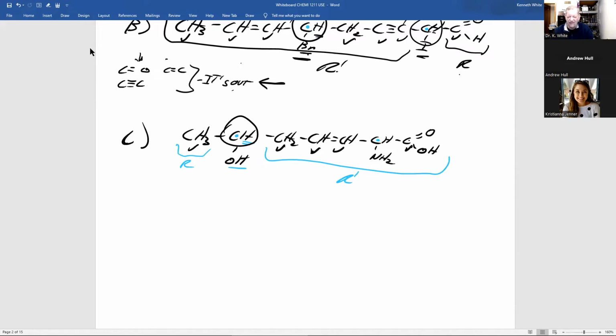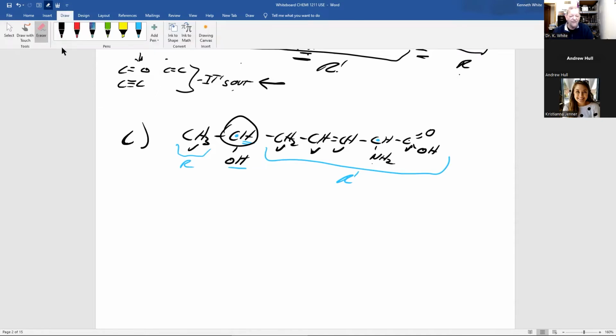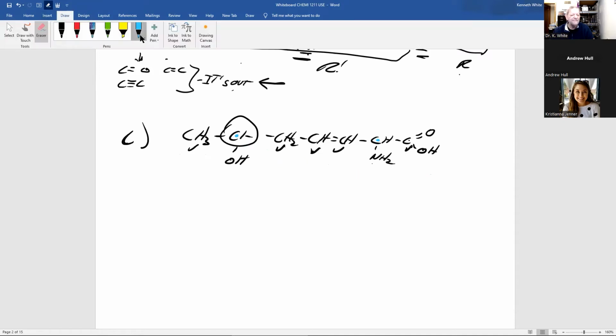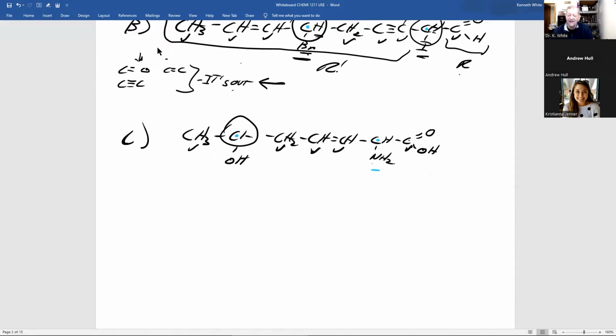Now, if we look at this one, let me first clean up. We look at this carbon as an amino group, NH2, hydrogen, this carboxylic acid, and the rest I'll call R. So this carbon has hydrogen, NH2 group, carboxylic acid, and the rest of the side R prime.